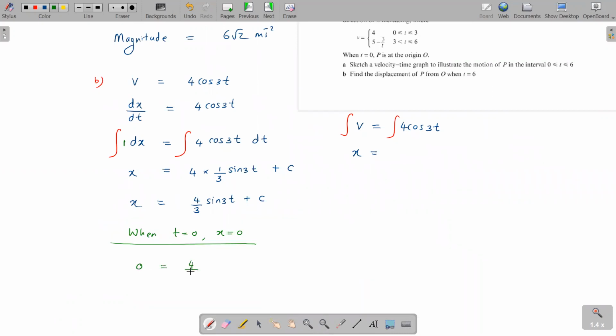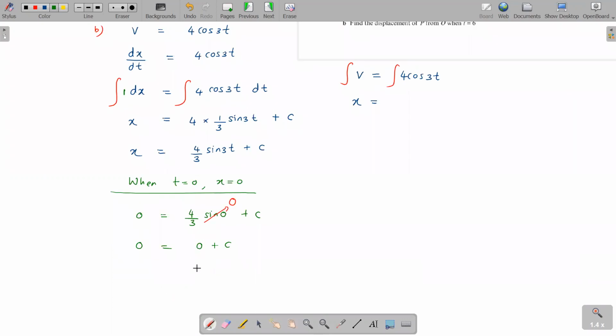0 equals 4 over 3 times sine 0 plus c. What happens? Sine 0, in radian mode, is 0, right? So these are things that you need to remember. So I get 0 equals 4 over 3 into 0, which is also 0, plus c.